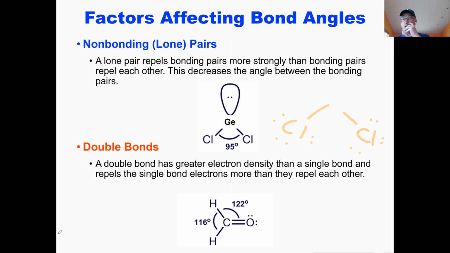They have a lot of lone pairs of electrons, so there's already a lot of electron density here. If I put even more electron density up there, it's going to push them even further. Hydrogen has very little electron density.